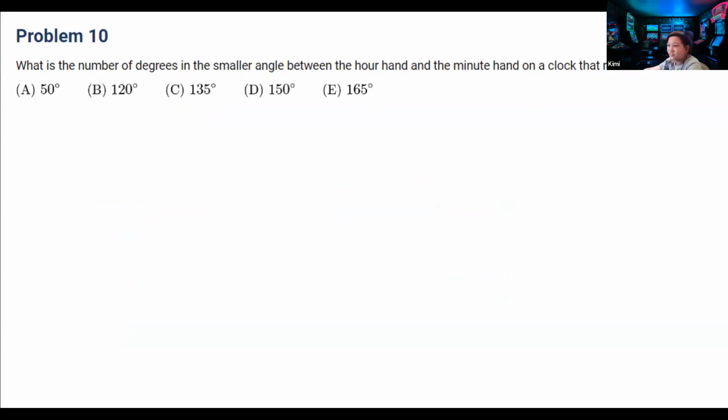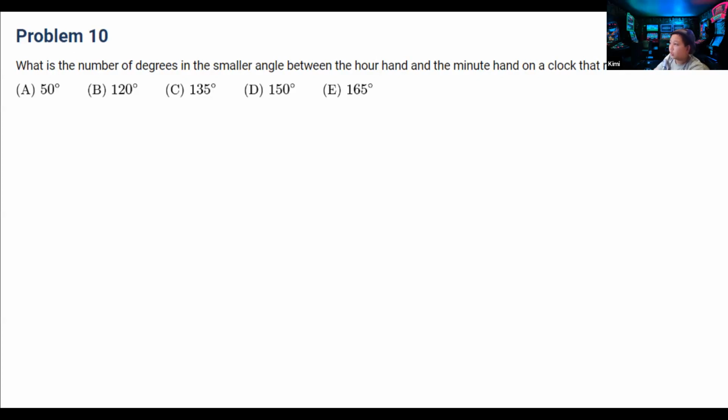Because in a clock, when the big hand points at 12, there's also a small hand that points at 7, and then in between there's 6 numbers, I think.